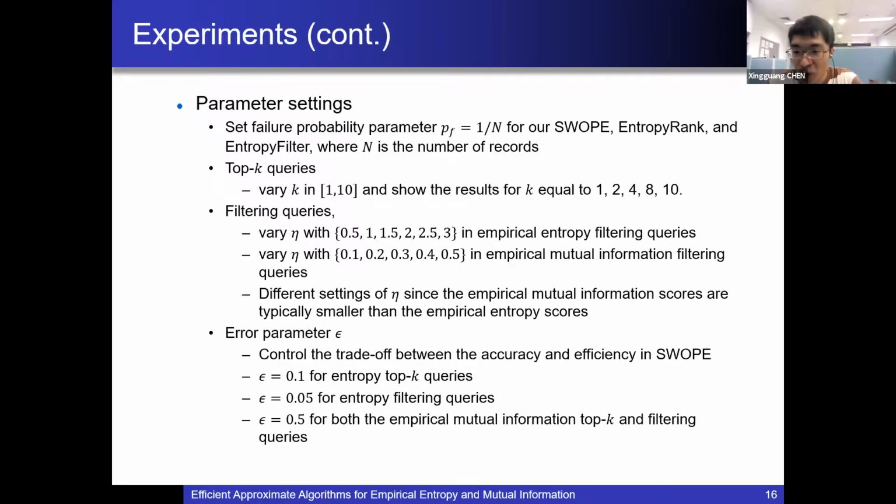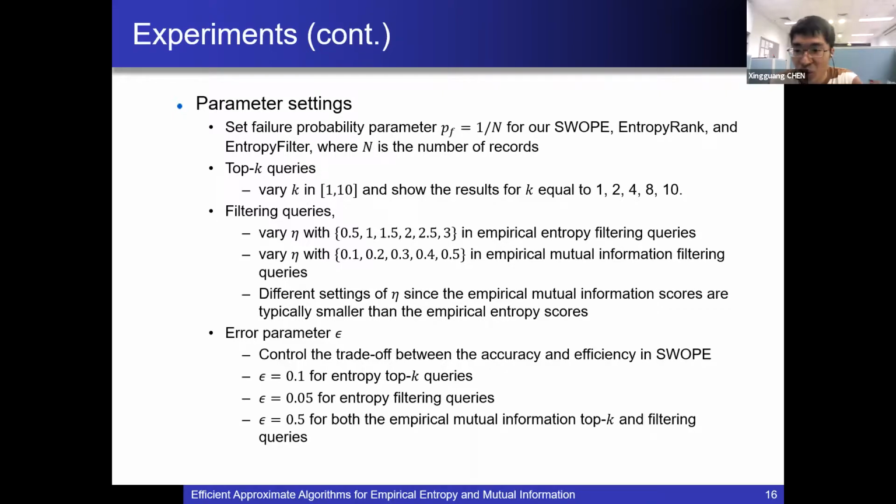Our SWAP includes an error parameter epsilon to control the trade-off between the query accuracy and query efficiency. We tune the impact of epsilon in the experiments. The experiments show that when epsilon is 0.1 or epsilon is 0.05, it achieves the best trade-off between the query efficiency and accuracy on empirical entropy top K queries or filtering query.